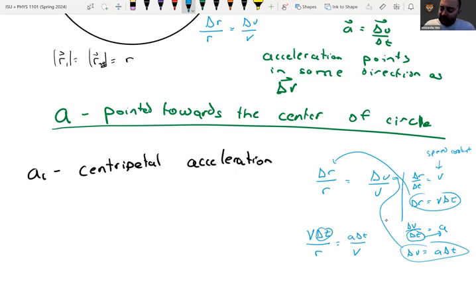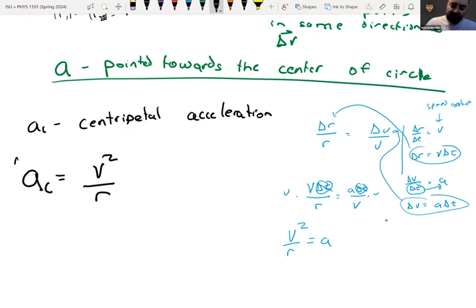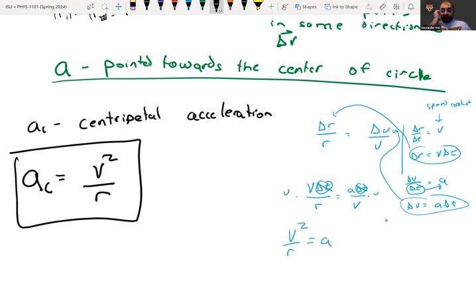The delta T's cancel out. Then I have V over R equals A over V. I can multiply both sides by V, and I get V squared over R is equal to A. And this is the formula that we are going to use for centripetal acceleration. V squared over R is equal to the centripetal acceleration.